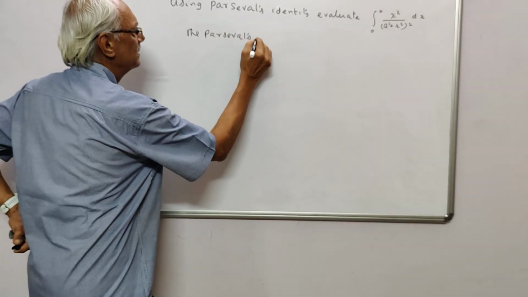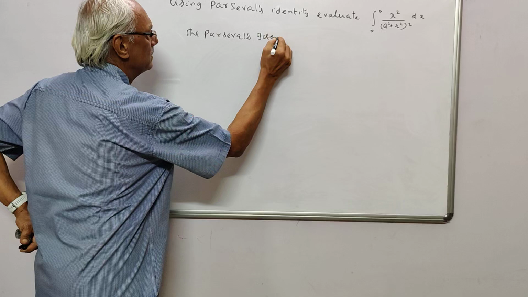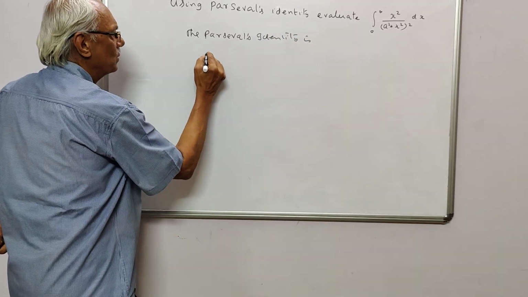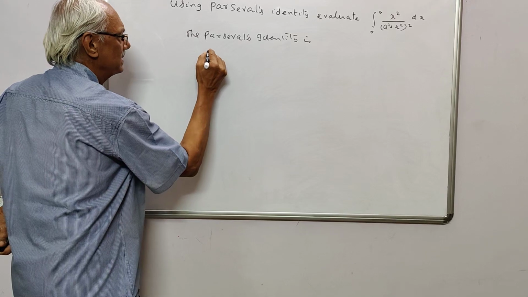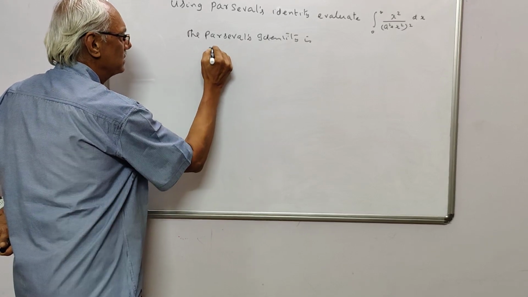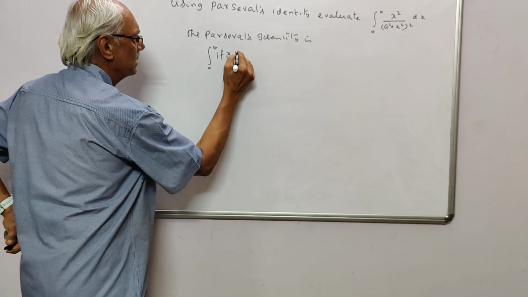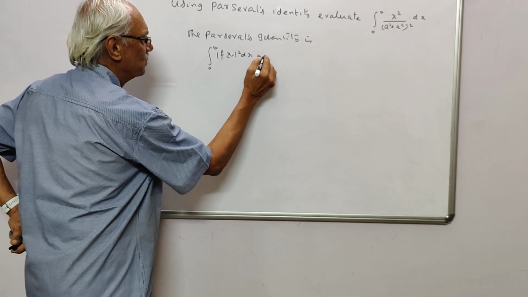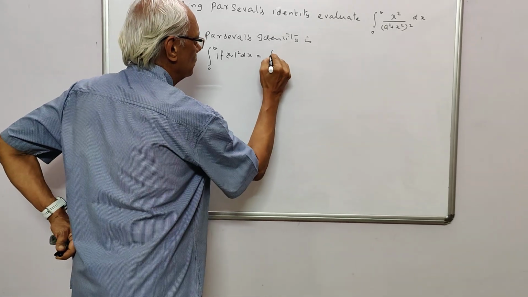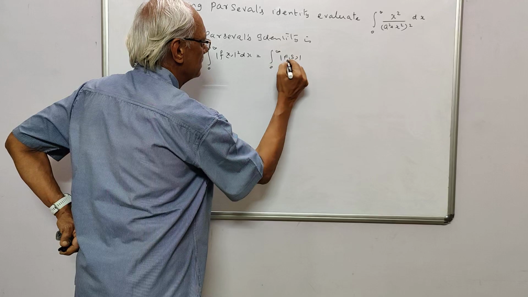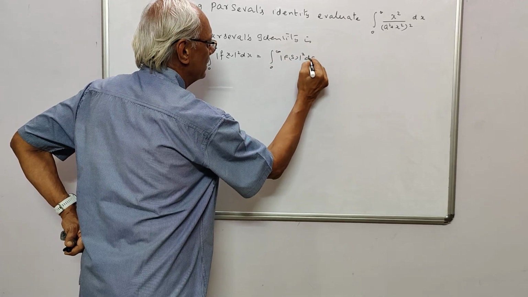The Parseval's identity is this, that is integral of 0 to infinity modulus of f of x squared is equal to integral of 0 to infinity modulus of F of s squared.